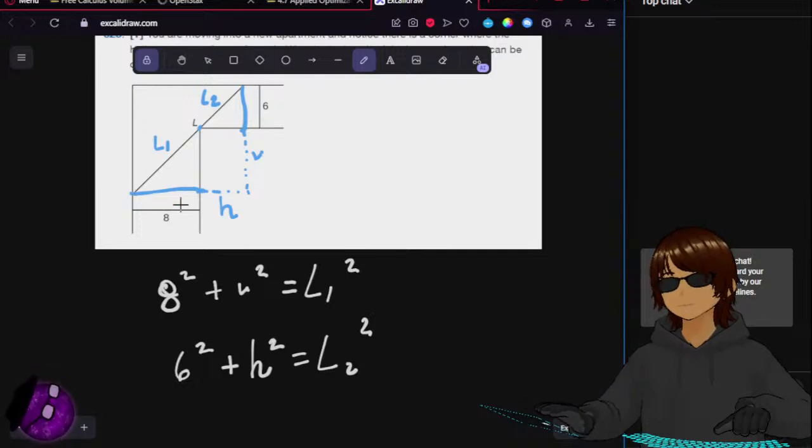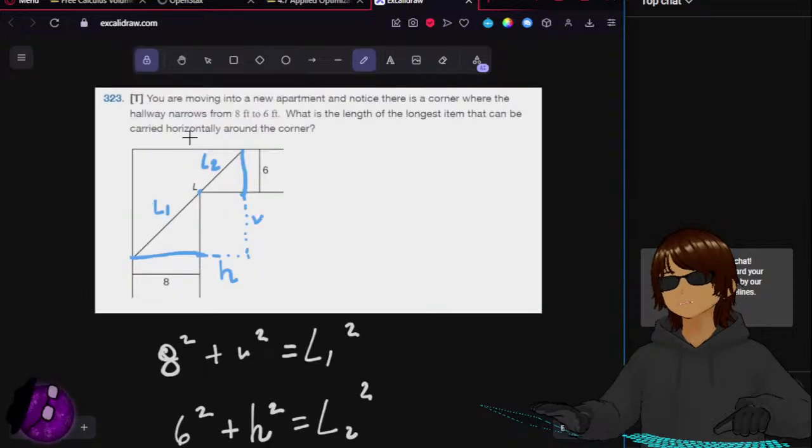This is 6. This is 8. I need to find how much L changes. Notice there's a corner. What did they mean by carried horizontally around the corner? Oh, you mean carried while lying on the floor and not propping it up. So what is the shortest length of L?